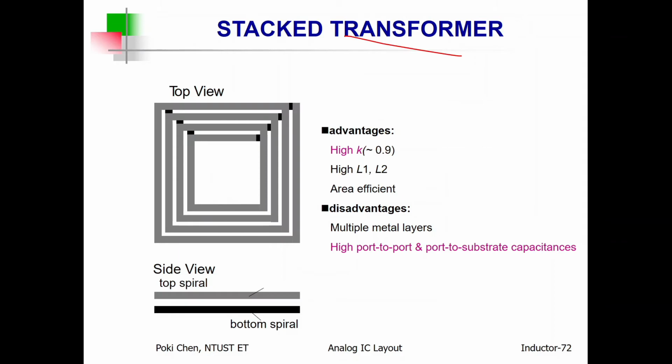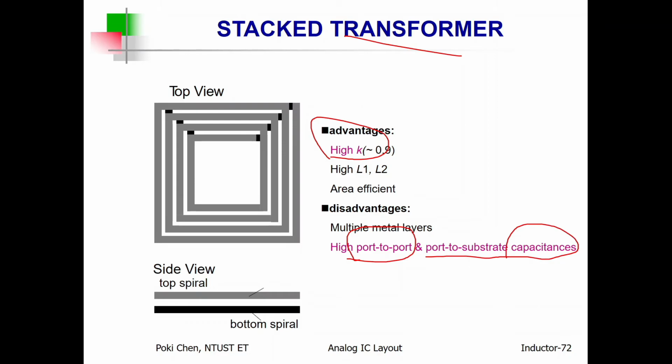But for the stacked transformer, you need 2 layers. They are overlapped. In this way, you can increase the K very much. But again, the port-to-port and port-to-substrate capacitance will also be increased.